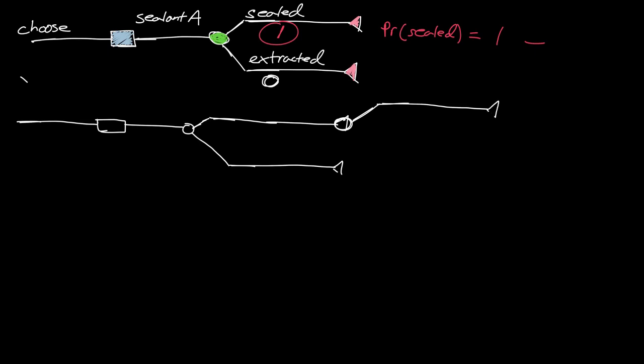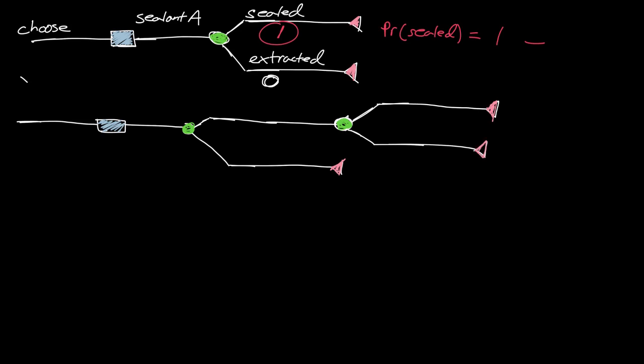So now what happens is, given that it's sealed, there's going to be some chance that it stays sealed and some chance that it becomes extracted. So now you can see that the tree just starts repeating itself, that the branches of the tree repeat themselves, and that's why it's a loop, that's why it's this repeating recursive structure that we call Markov. But the underlying mechanics is it's just a simple decision tree expanding through those different cycles.